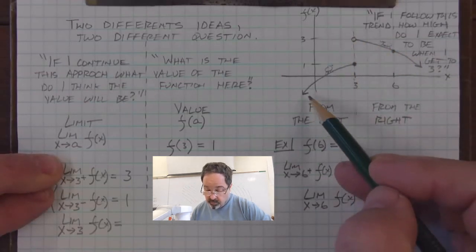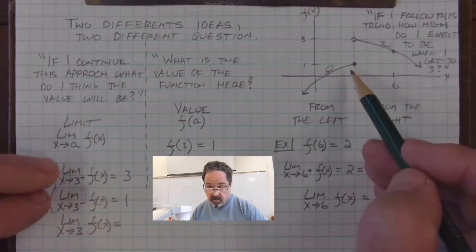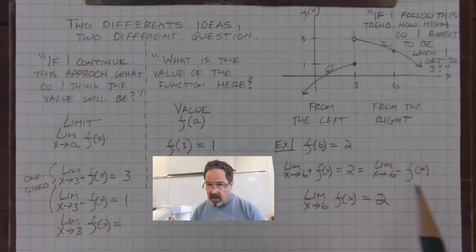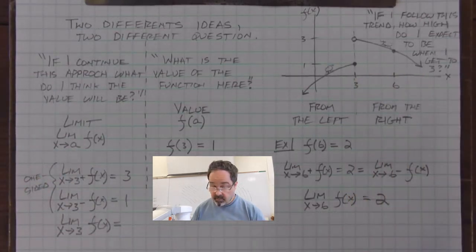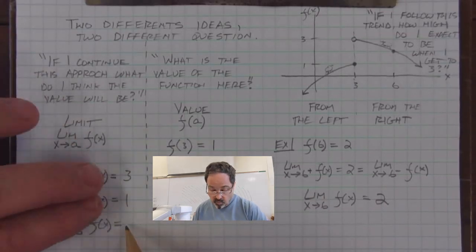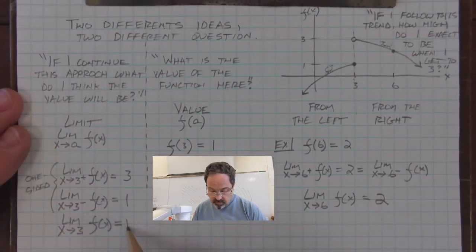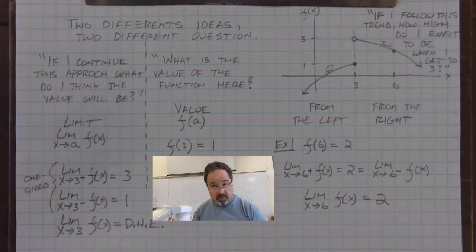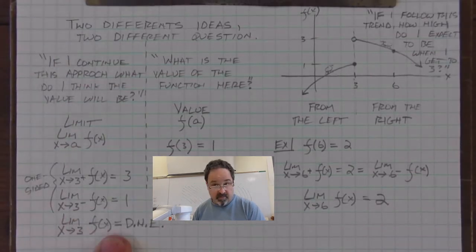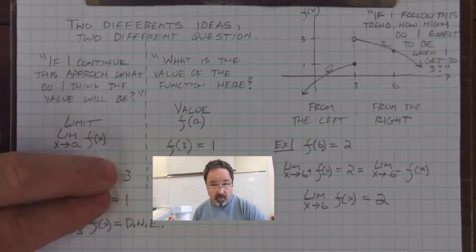On the other side, we think we're going to reach a height of 1. They don't agree, so we have no absolute limit. In this case, the one-sided limits are not equal, so the absolute limit does not exist. And again, it has nothing to do with the value of the function. This limit does not exist because the one-sided limits are not equal.